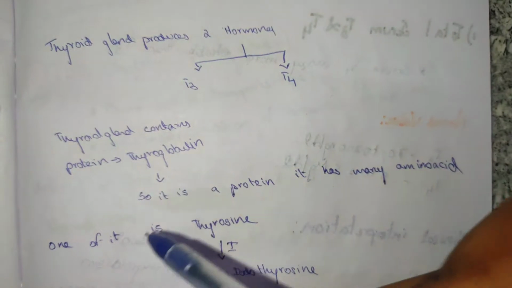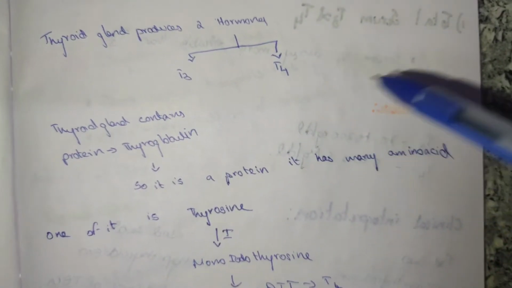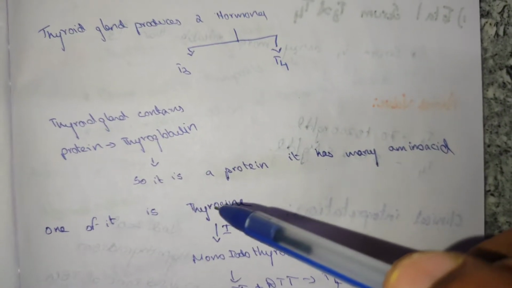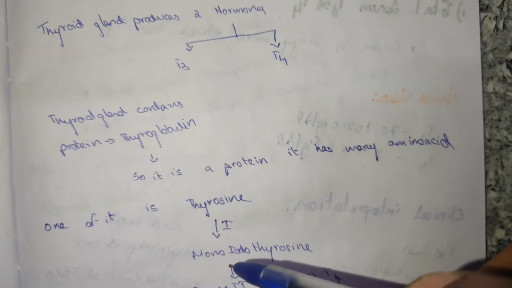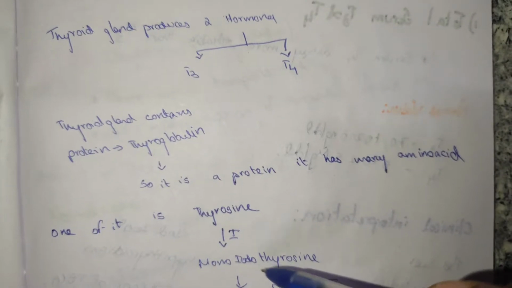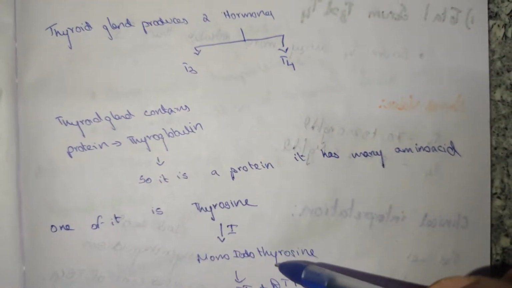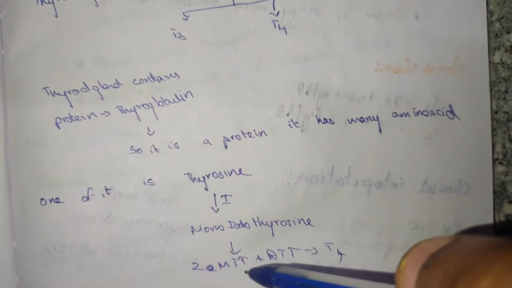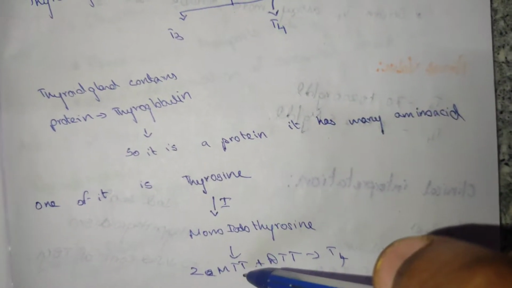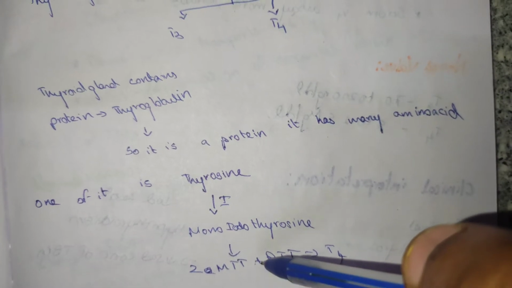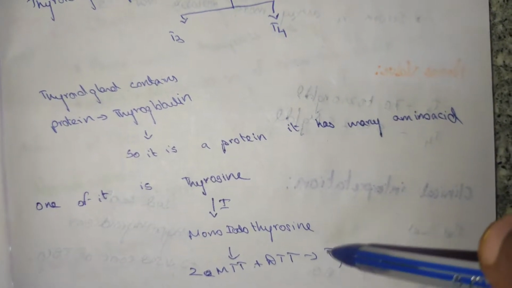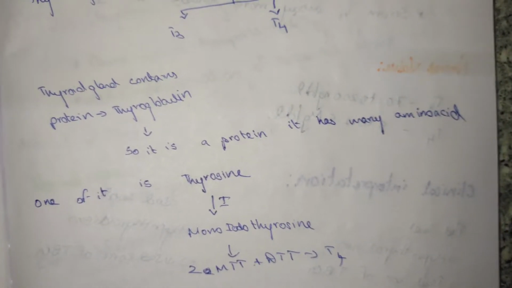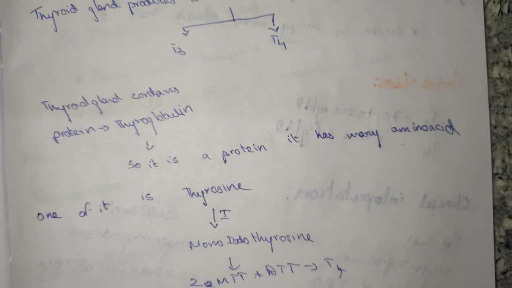One of the most important amino acids for thyroid hormone synthesis is tyrosine, which is iodinated to monoiodotyrosine. Two monoiodotyrosine units combine to form diiodotyrosine, and monoiodotyrosine plus diiodotyrosine forms T3, while two diiodotyrosine form T4. This is how T3 and T4 form.